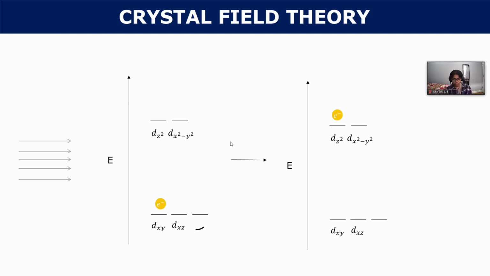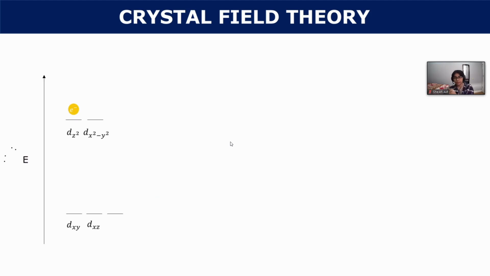Similar to the hydrogen atom, that electron has to come back down, and when it does, it's going to emit the extra energy as light.